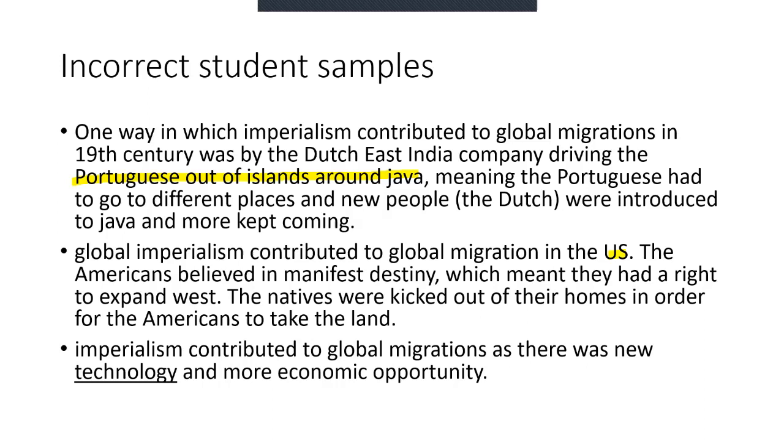Okay, we're talking about the US, we're talking about manifest destiny. I don't believe that's imperialism. I'm not a US historian, but I don't feel like the westward expansion of the US is American imperialism. I don't think that this would be taken.